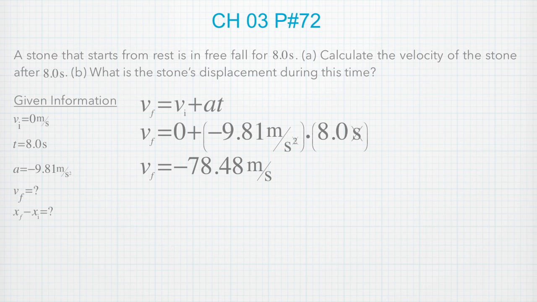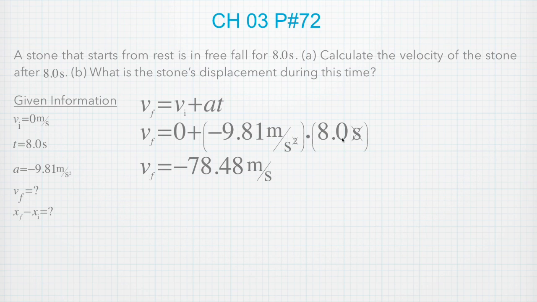What do we need to do? We have 3 significant figures for gravitational acceleration, and we have 2 significant figures for our time. And we're multiplying, so our answer can only have 2 significant figures.